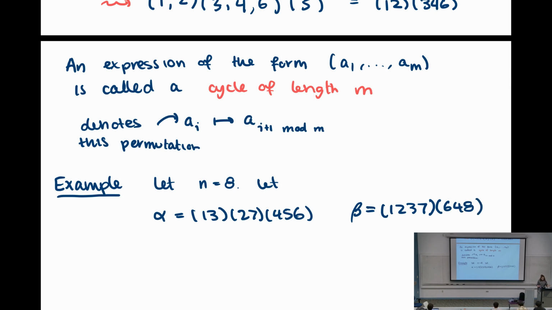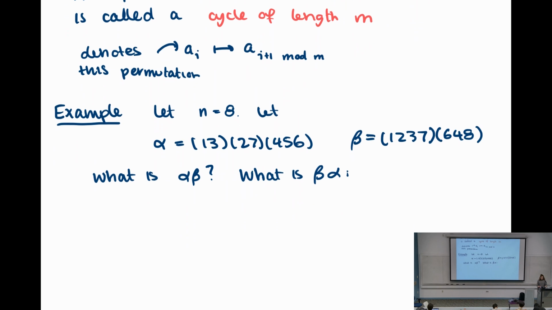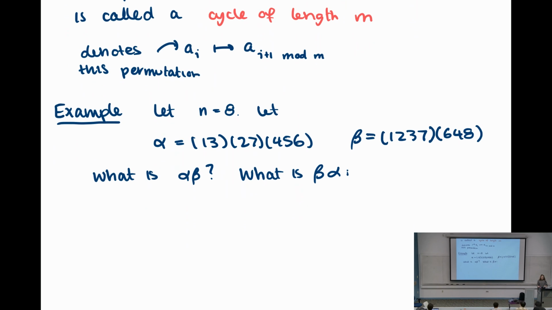Okay, so what is alpha beta, and what is beta alpha? So I'll do the first one, and then I'll give you a moment to think about what the second one should be.